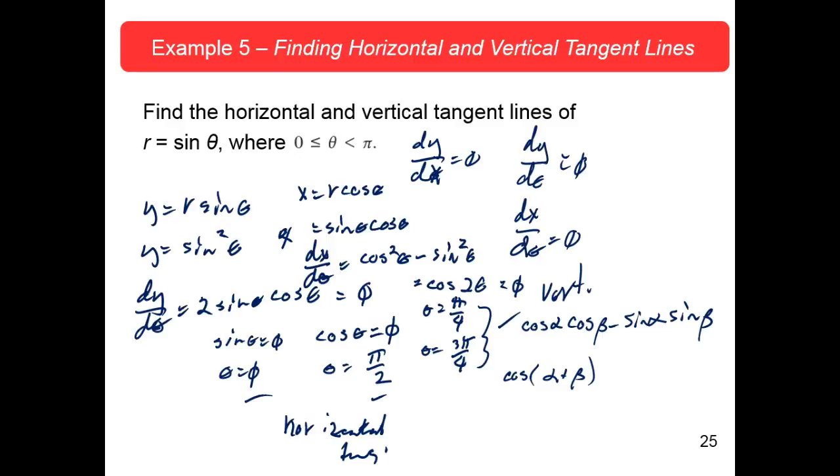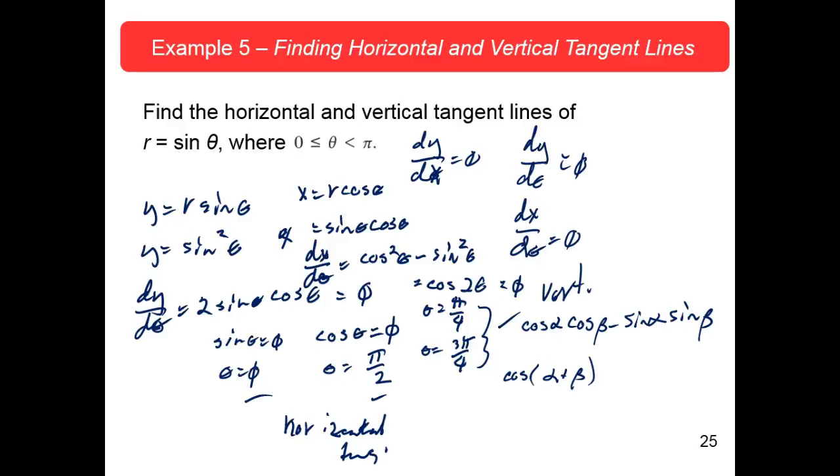That's why we held off saying these are horizontal tangents to begin with, because we wanted to make sure that when we did the vertical tangent, the cosine, the dx d theta equals 0, that none of these were the same angle here. If that was the case, no, you can't tell. But since they're two completely different ones, yes. 2 horizontal tangents, 2 vertical tangents. Does that make sense? Okay?